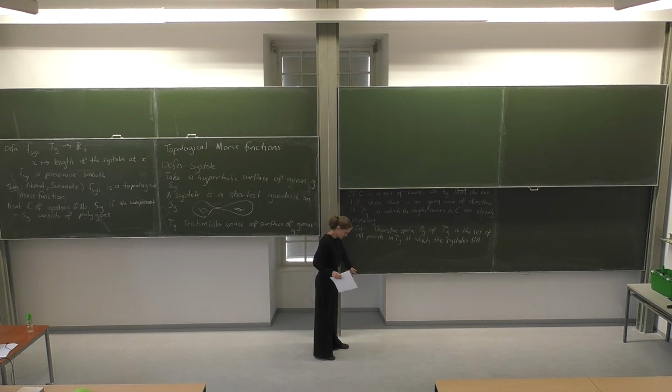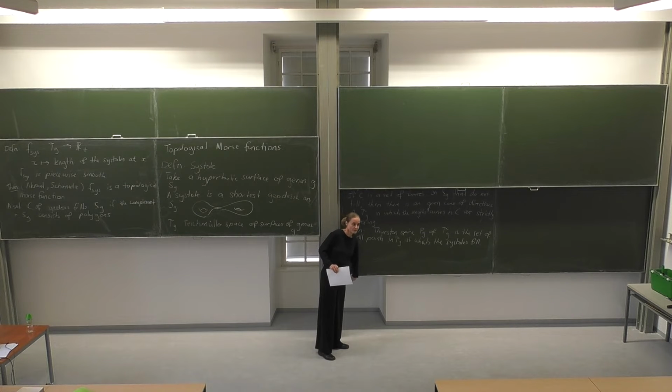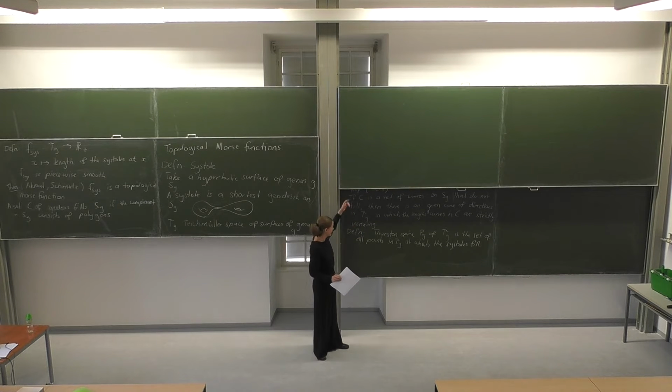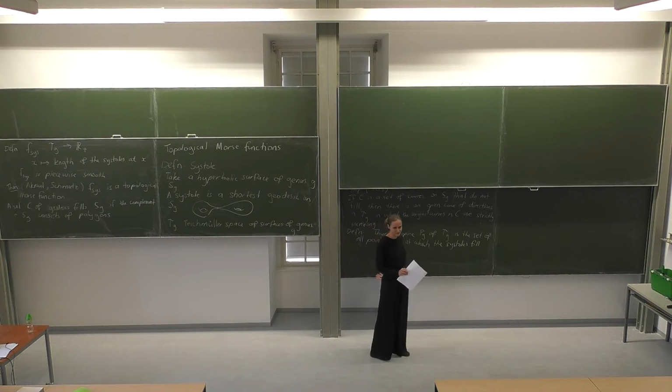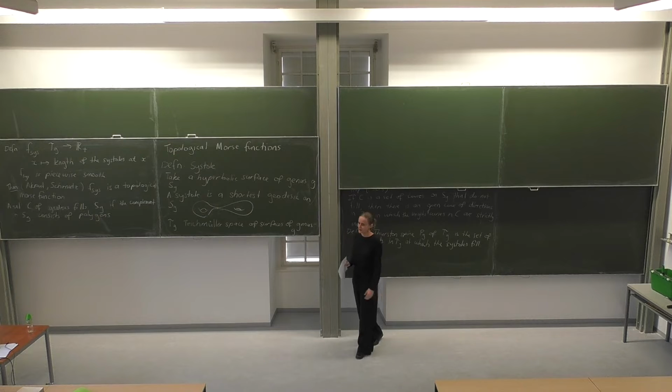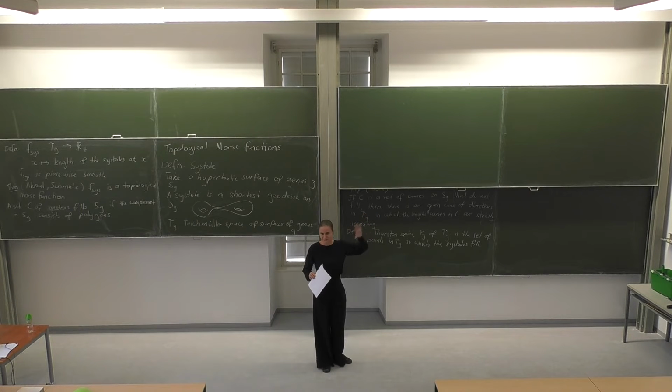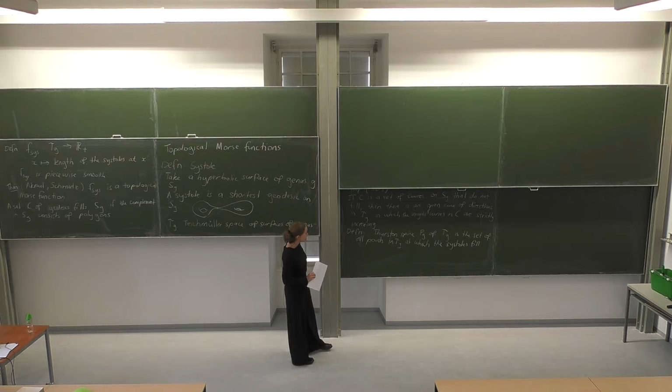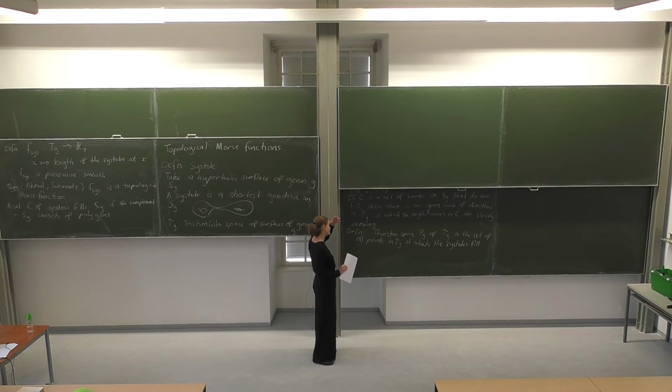So we see from this proposition that the critical points of the systole function are all contained in the Thurston spine. I don't know why he calls it P_G. I think maybe some kind of projection, something like that.